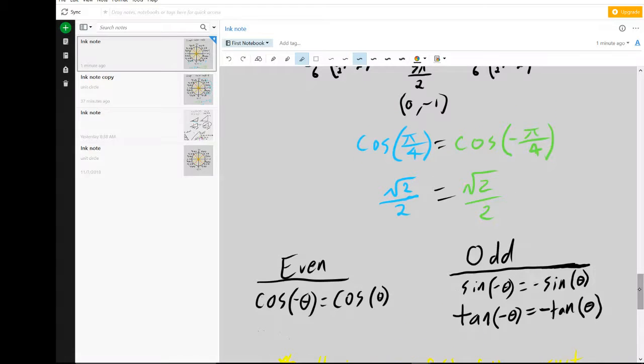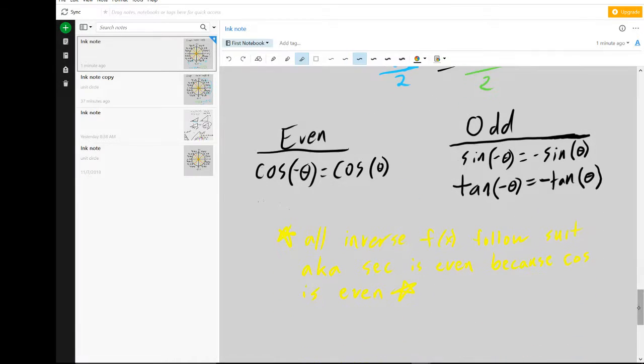Now, we ended up saying that cosine was an even function and sine was an odd. Right? We proved all three of these to be true. If all three of those are true, considering that the other three trig functions that we looked at are just inverses, right, 1 over, then these should follow these same principles, right?